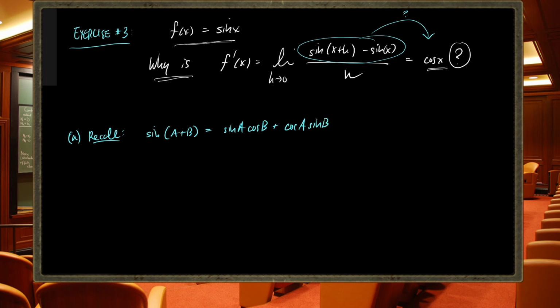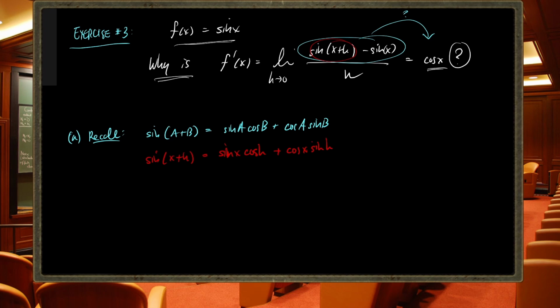And why this is helpful is because I have a sum in my difference quotient. All right, so this is telling me that sine of x plus h is equal to, oops, I did that wrong, sine x cos h, plus cos x sine h.